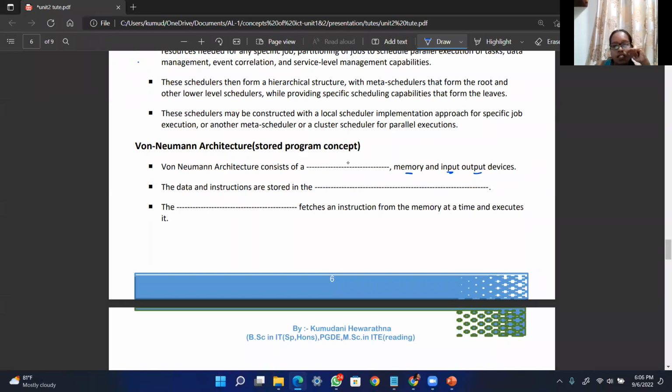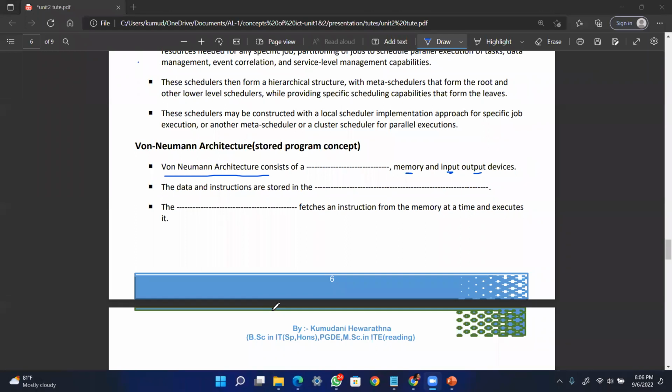What are the 4 parts of von Neumann architecture? Yes, CPU.